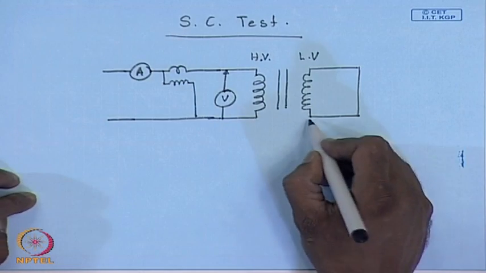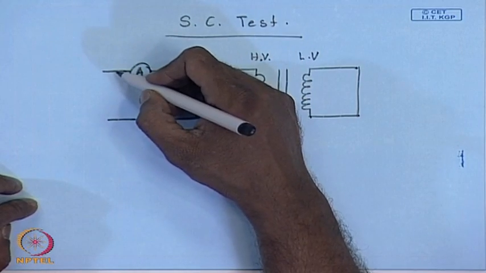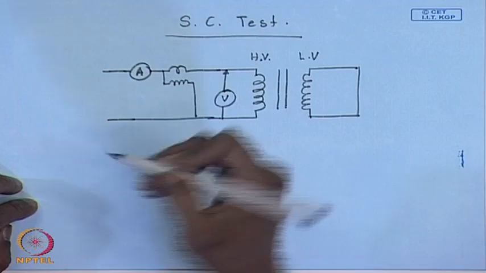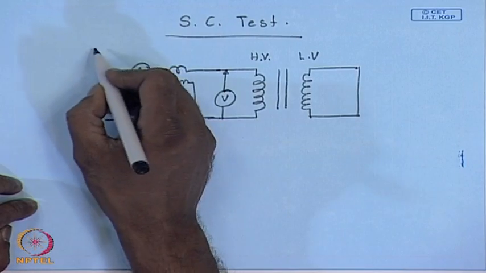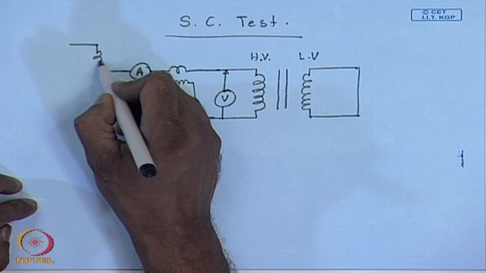Normally, when the transformer is shorted, it requires very little voltage to circulate the full load current. Therefore, this is supplied from a single phase variac.